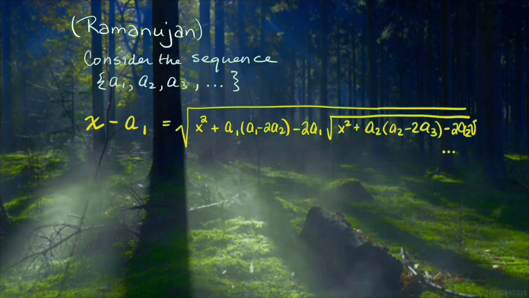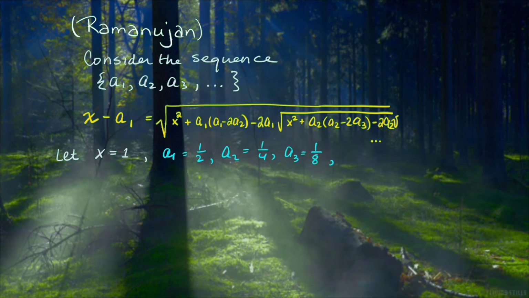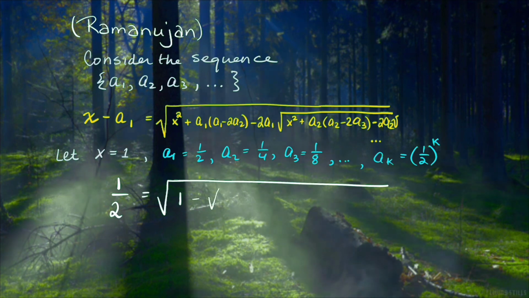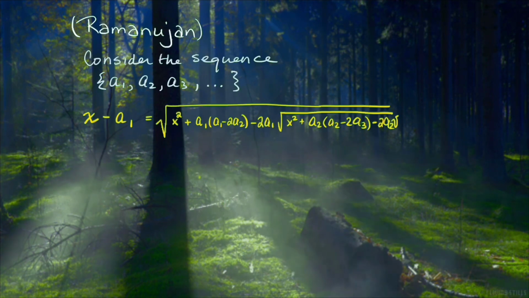So, let's use this formula to see what kind of results it can produce. If we let x equal 1, a1 equal to a half, a2 equal to a fourth, a3 equal to 1/8, and so on, where we're taking successive powers of 1/2 for the sequence, we get the continued radical here to equal 1/2, where we have an alternating radical 1, 1/2, etc. It's a very interesting result.